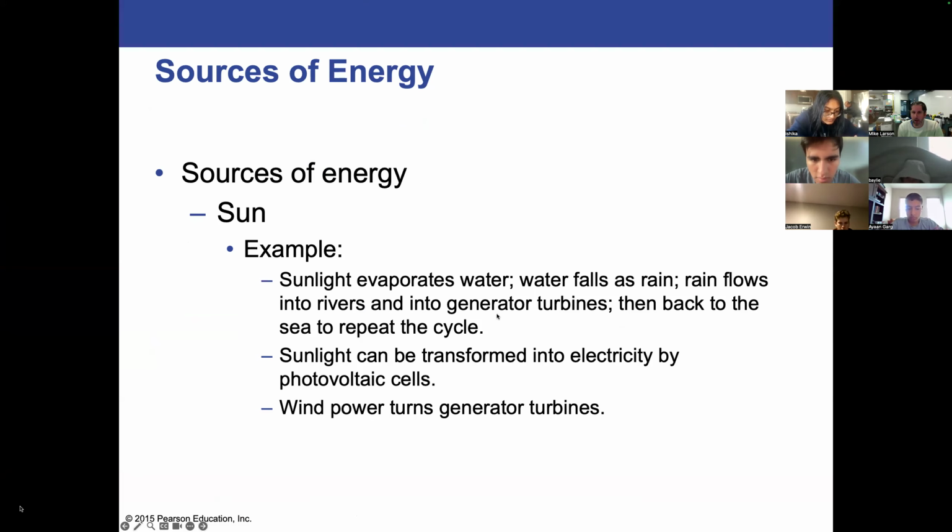It creates wind and it also creates weather. That's what I would say. And what's happening with climate change is we're not getting more sun, we're just keeping in more of the sun's energy.